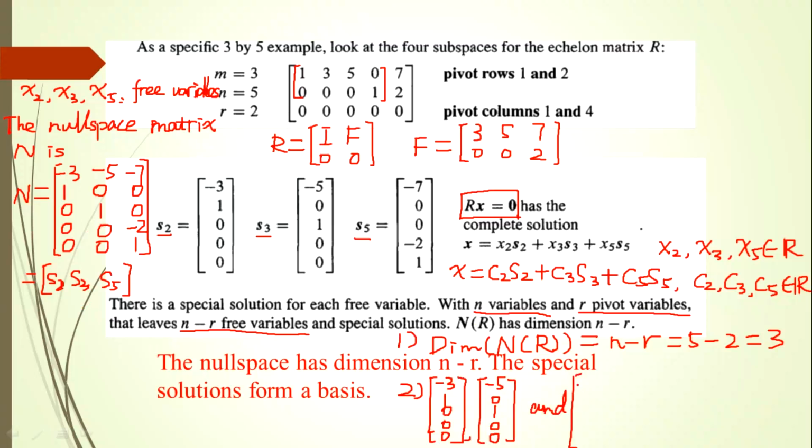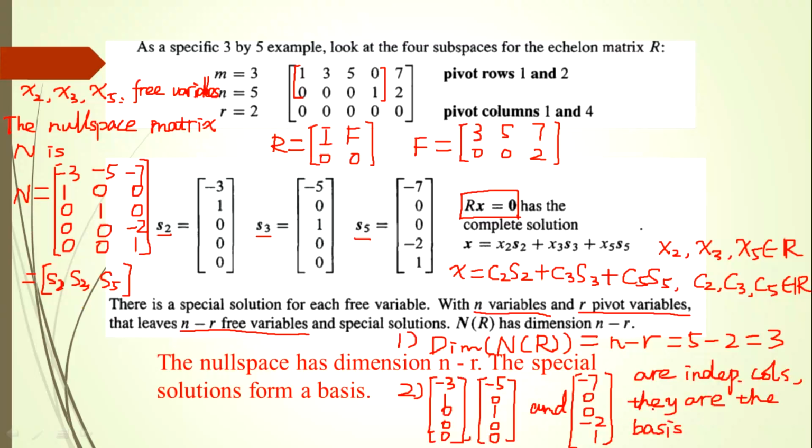So those three vectors, or those three columns, are independent columns, independent vectors. They are the basis for the null space, right? Those three special solutions are the basis for the null space of the matrix R.